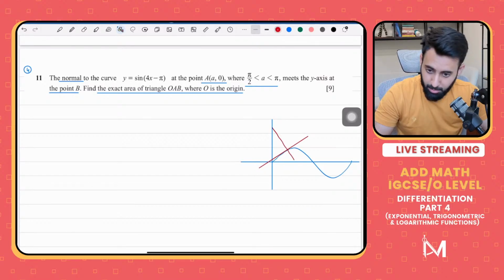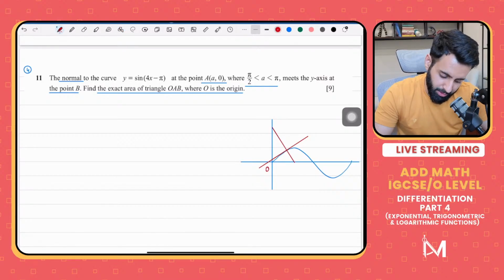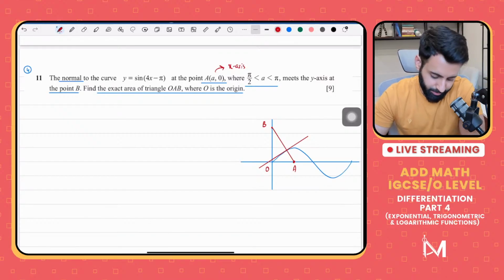The normal to the curve will be like this. Okay, yeah, this is the last question. Here's O. Now, according to the question, this tangent meets the y-axis at the point B, and since A is the point A comma 0, that means A will be a point on the x-axis. This is a point that's on the x-axis, and B is the point that's on the y-axis.